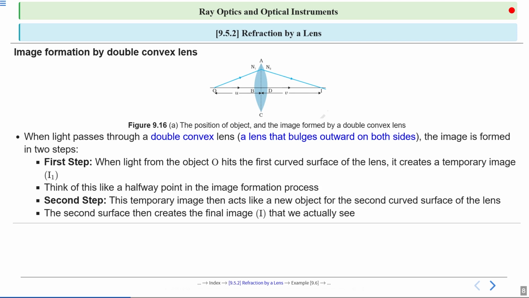So I1, the temporary image from the first refracting surface, will act as an object, or we can say a virtual object, for the second surface ADC, and that surface ADC will produce the final image I for that virtual object. We will see step by step how these images are formed in the next slides.